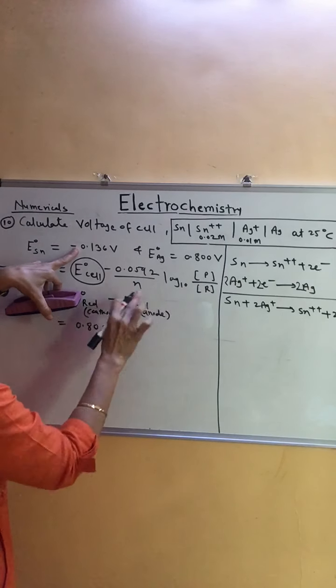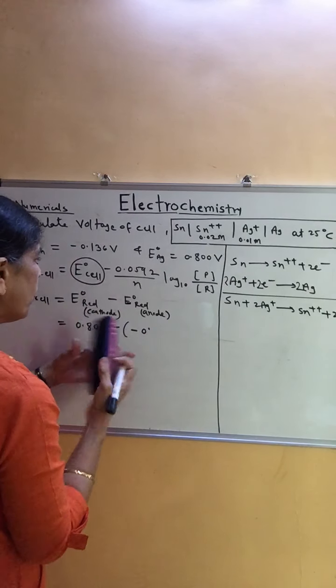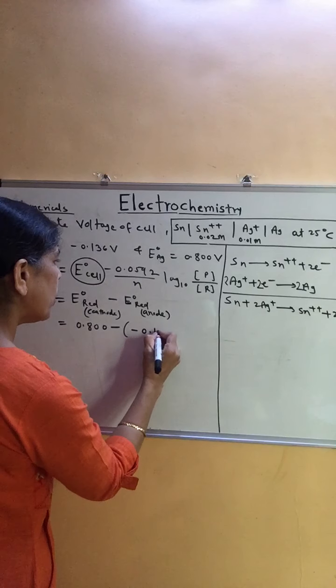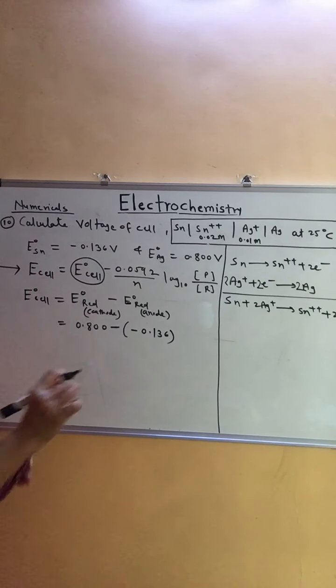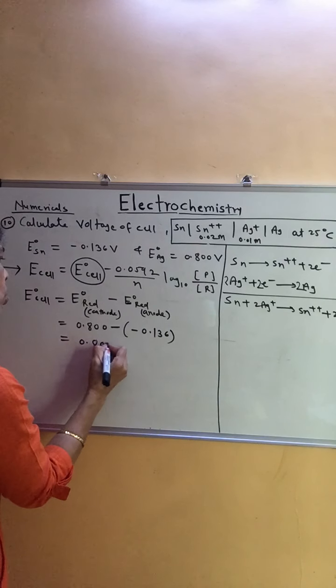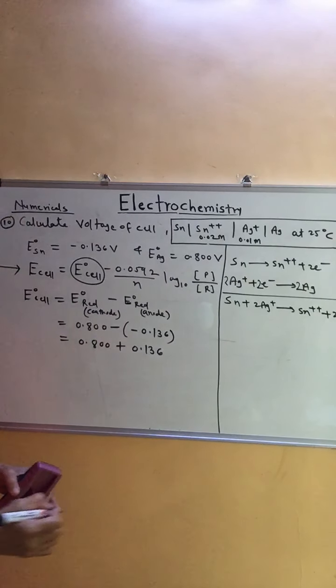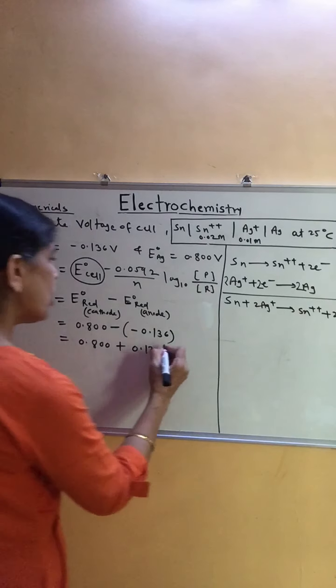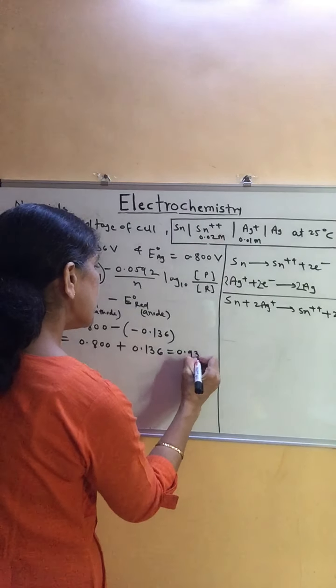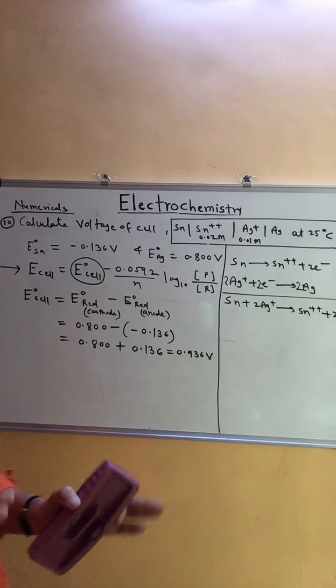What is the value given? Minus 0.136. This minus sign is of the formula, and this is the potential which is given. So it will be equal to 0.800 plus 0.136, and you will get the value 0.936 volts. So we have separately calculated the E naught cell value.